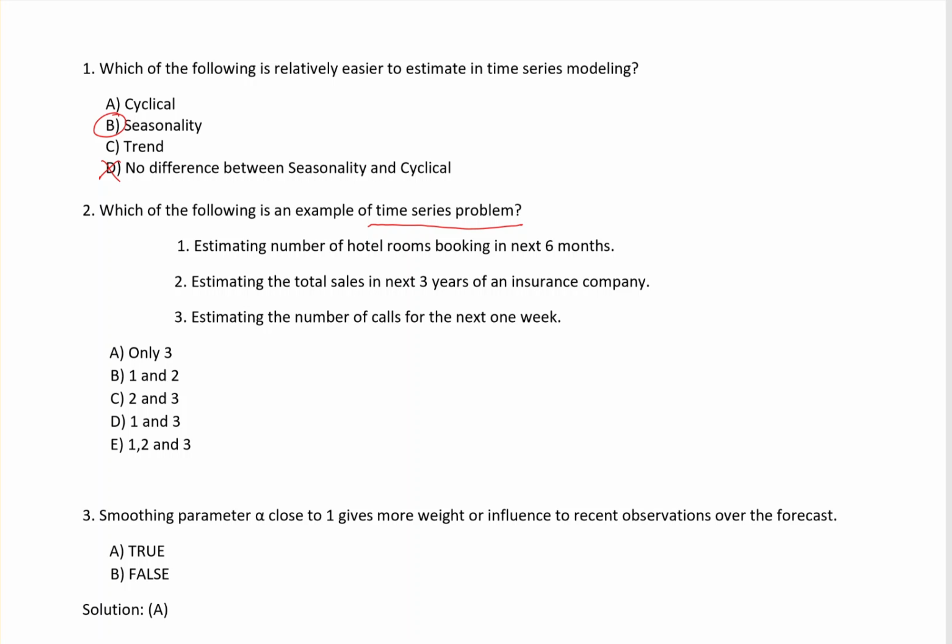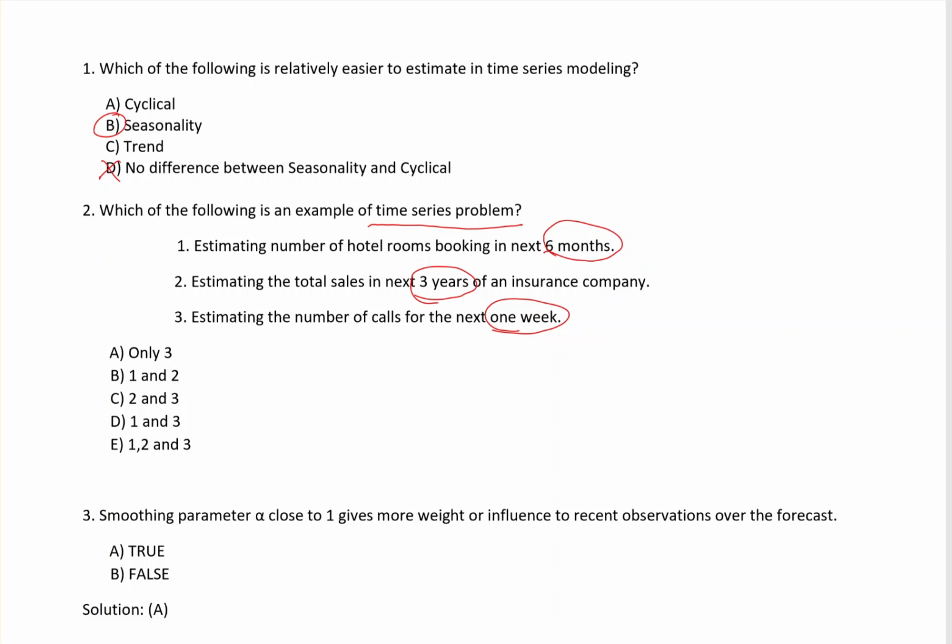Here, number 1, estimating the number of hotel rooms booking in the next 6 months. Number 2, estimating the total sales in the next 3 years of an insurance company. Number 3, estimating the number of calls for the next 1 week. Actually, all of these 3 options are about the time.